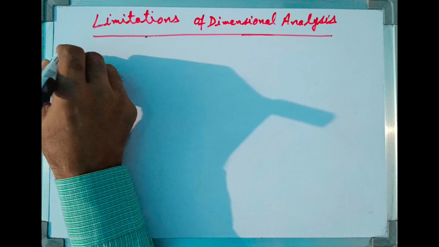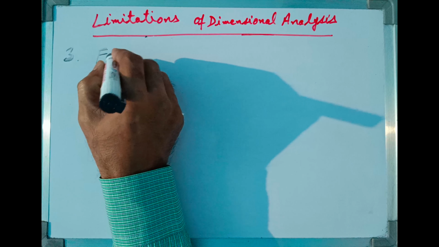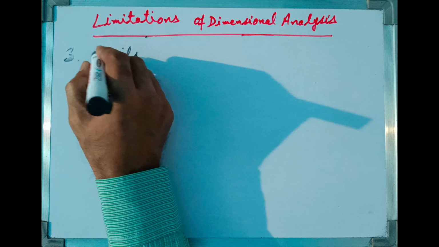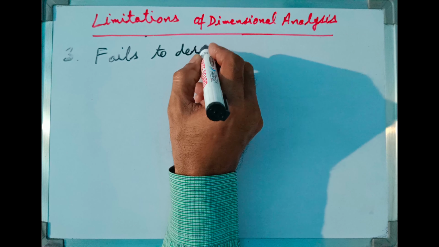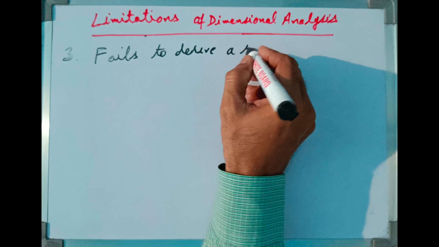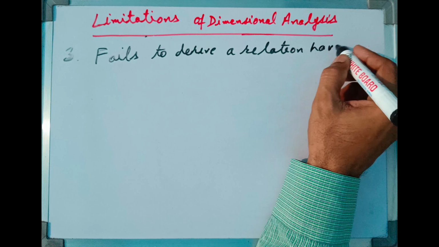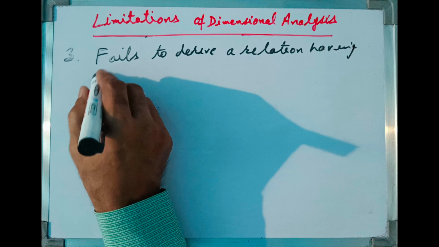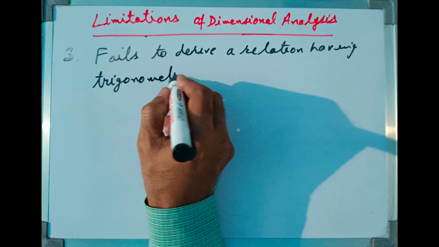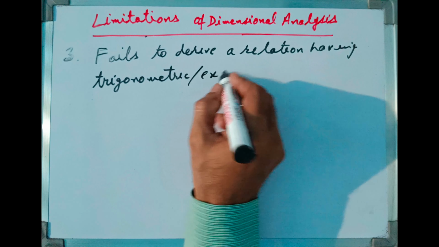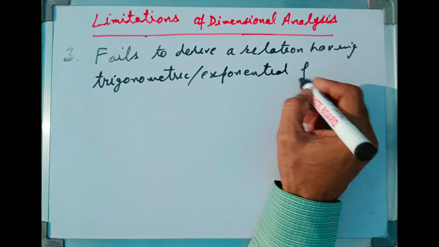Next limitation of dimensional analysis is that this method fails to derive a relation having trigonometric or exponential functions.